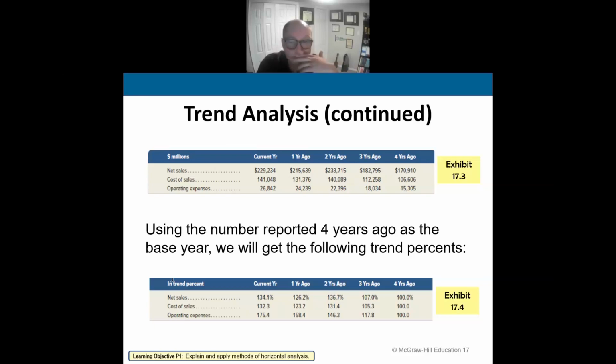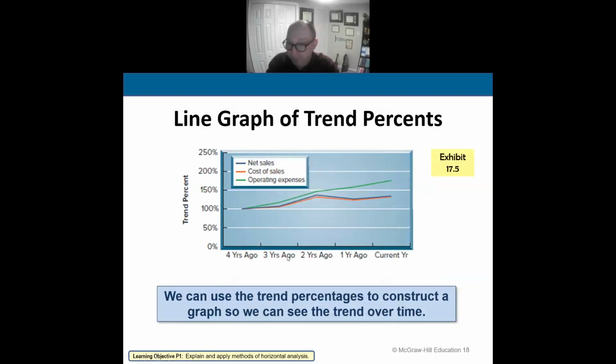And the base year, looking at year 4, and then going across to the current year, gives us the trend. The trend. We can graph those trends out graphically in Excel, and it could tell us the trends. That's how we get the line graphs, the trend graphs.